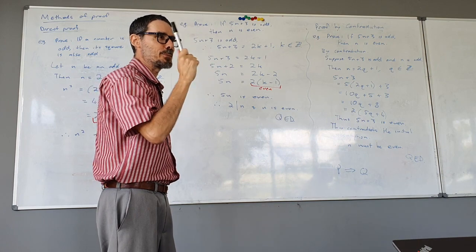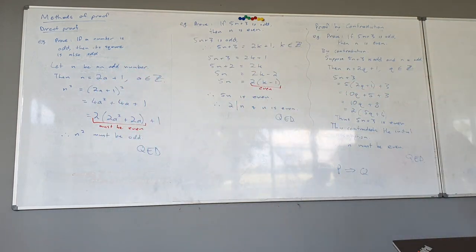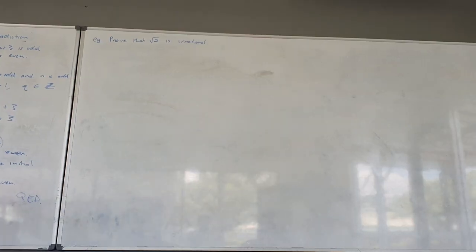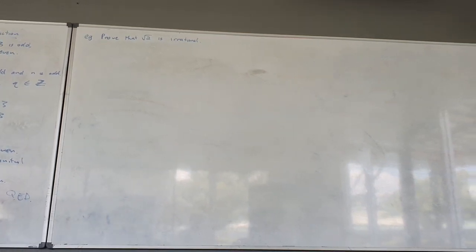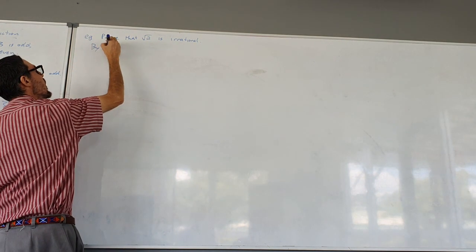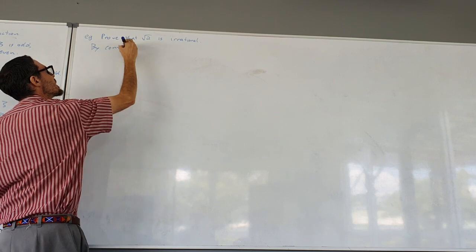Prove irrationality by contradiction. Can you see that one? Prove that the square root of 2 is irrational. And we're going to do it by contradiction.